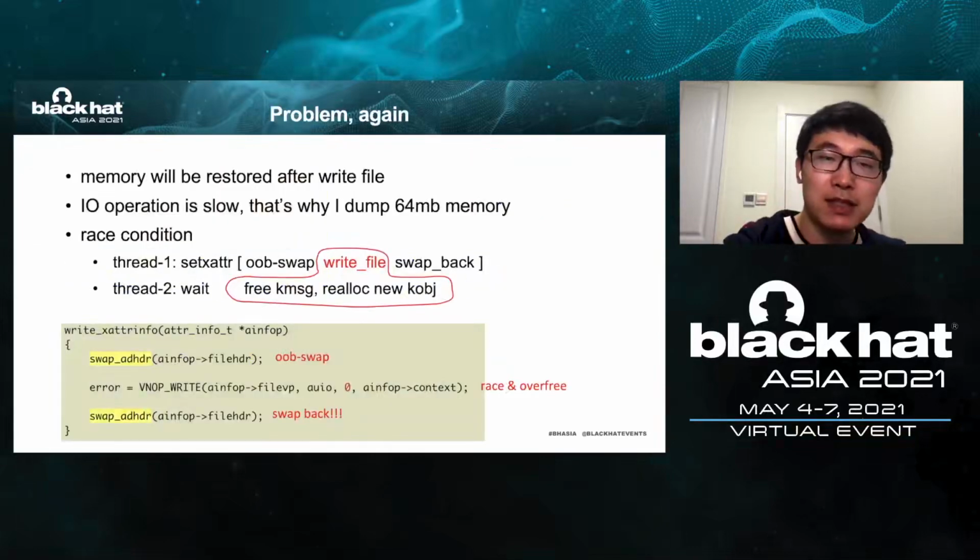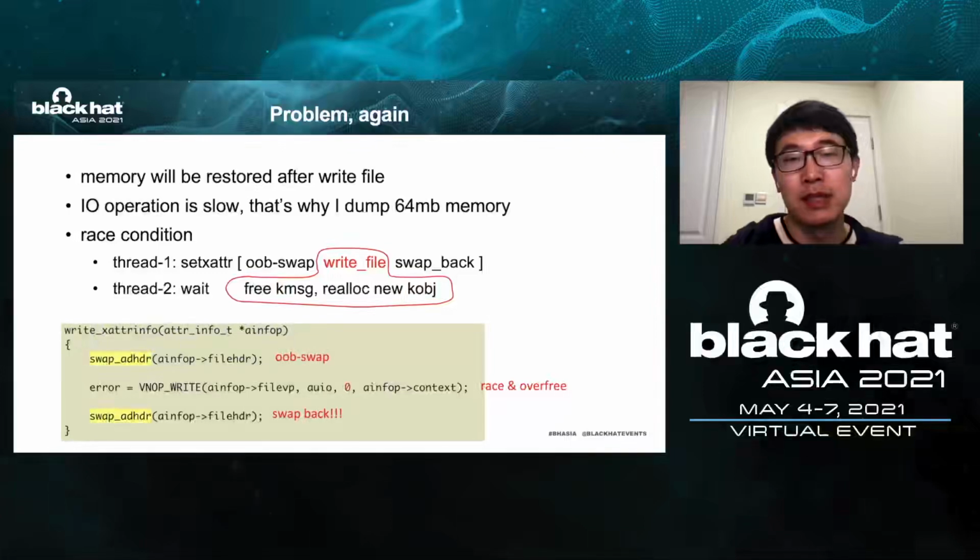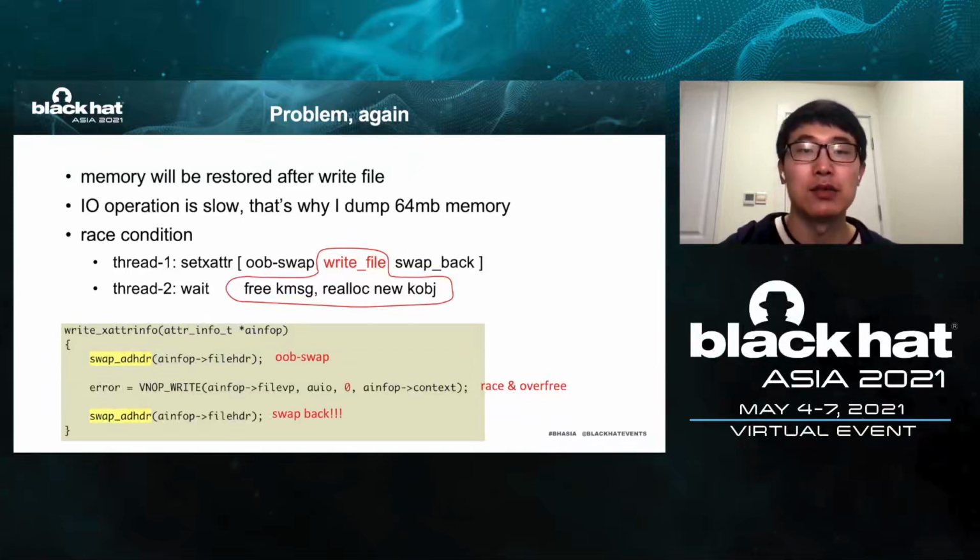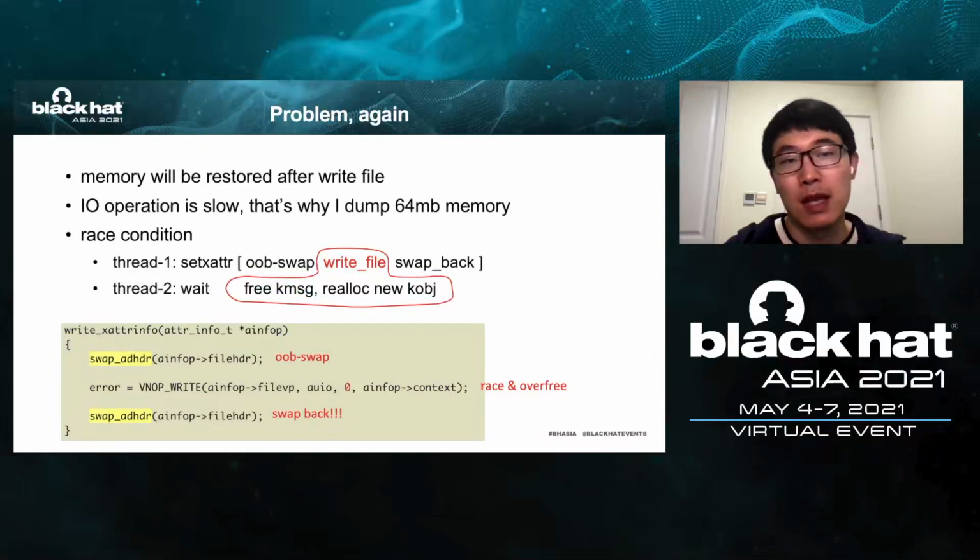In fact, we still have another problem. Look at this code again: after the XATTR file is saved, there is a swap back operation immediately. The memory will be restored to its previous little endian state. In other words, our overfree operation must occur during the write file stage.